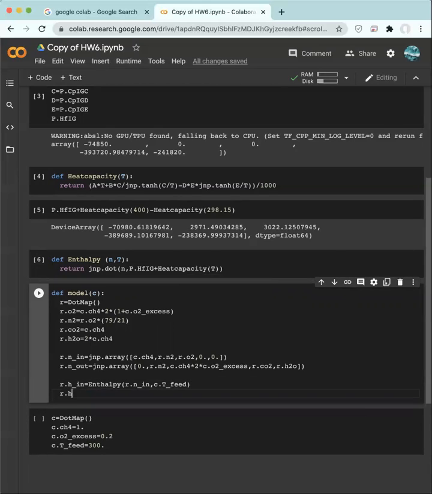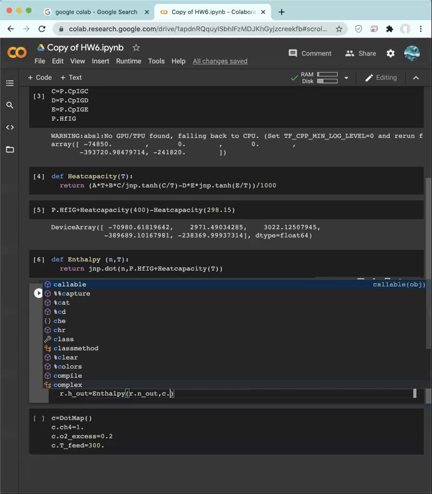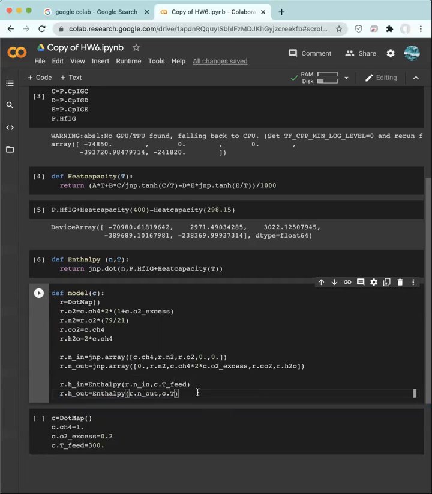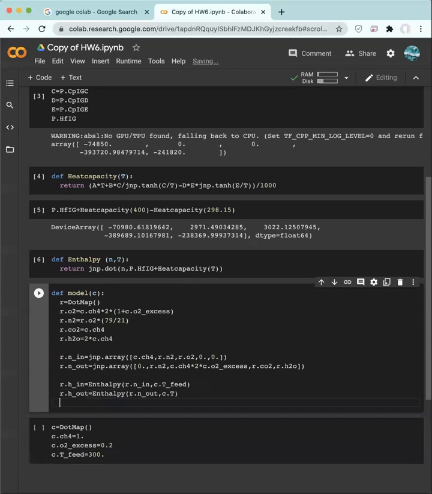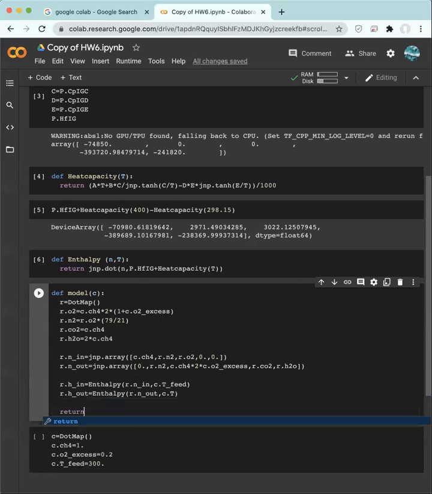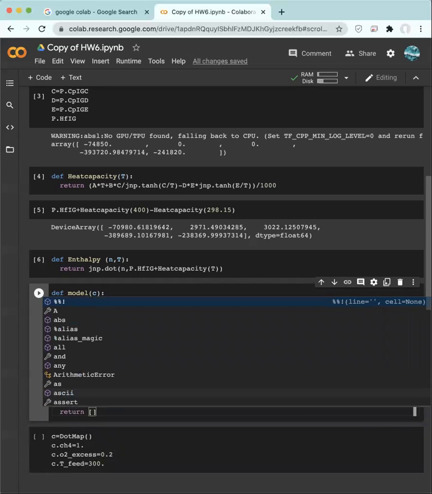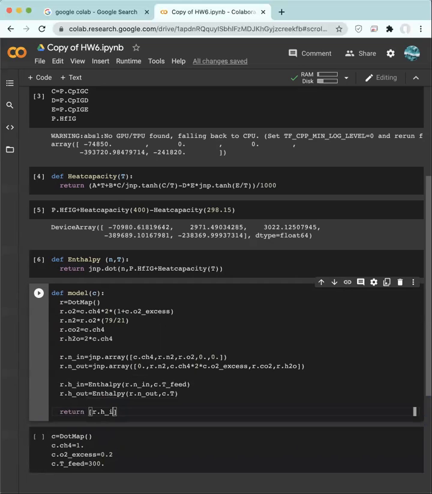And then R dot H out, the enthalpy coming out, is going to be equal to the moles going out and C dot T. And C dot T is the temperature of the flame that we are going to want to be solving. So we're going to finally return R dot H in minus R dot H out.